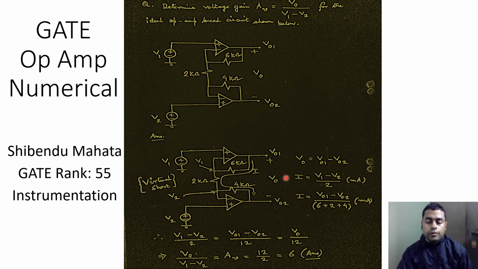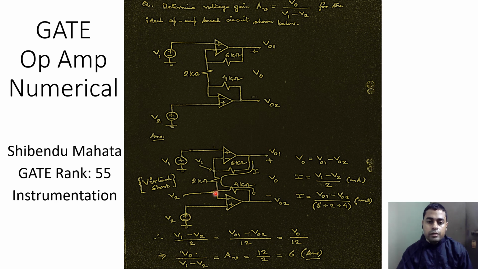Secondly, we also know that with an ideal operational amplifier, no current can enter the input terminal of the op amp. Therefore, if we consider that this is one node from where a current I is flowing, then that current I should flow through the 6 kilo ohm resistance. It cannot take this path because the op amp offers infinite input resistance, and therefore this current I will then flow through this 2 kilo ohm resistance.